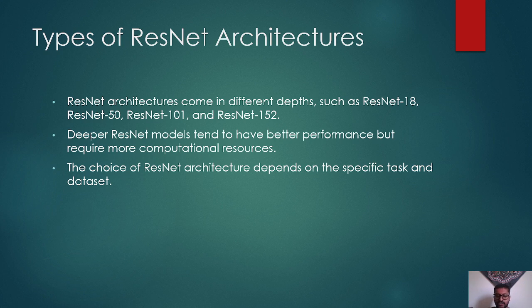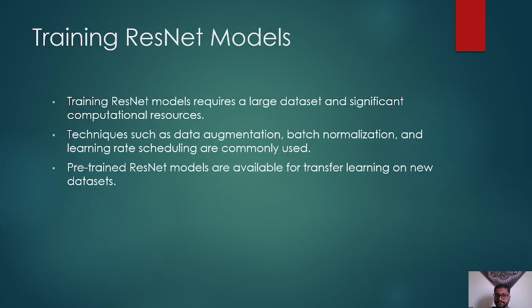The better computational resources you have, the better the performance and the bigger, deeper the model that could be developed. The choice of ResNet architecture depends on the specific task and the datasets. As this line explains on its own, the task or the work to be done from the given input is how the ResNet architecture is built.